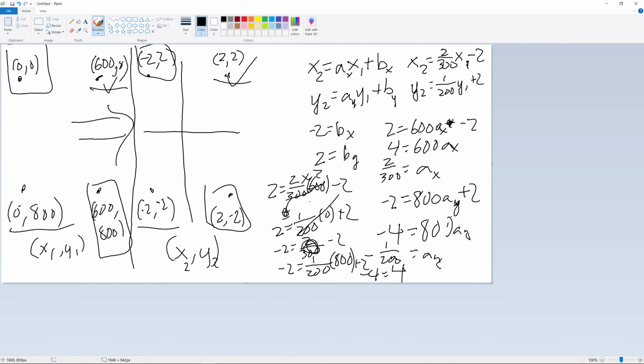So this is showing 4 equals negative 4. That can't be right. Wait, did I? Negative 2.